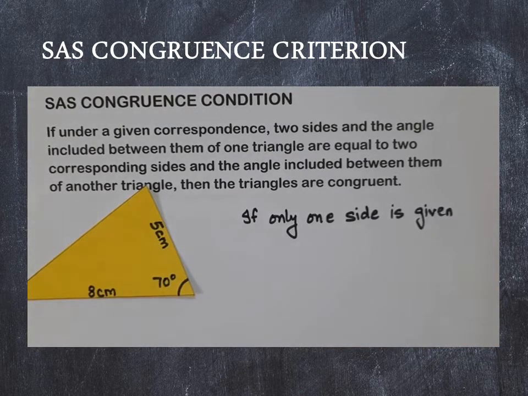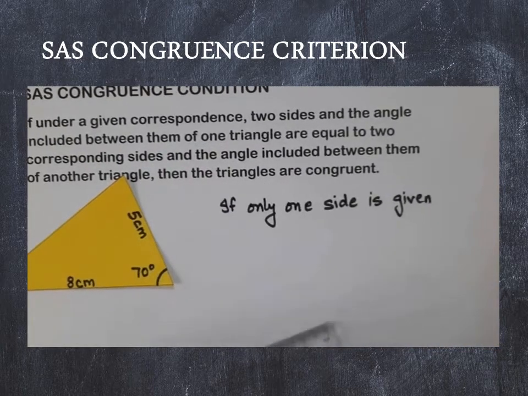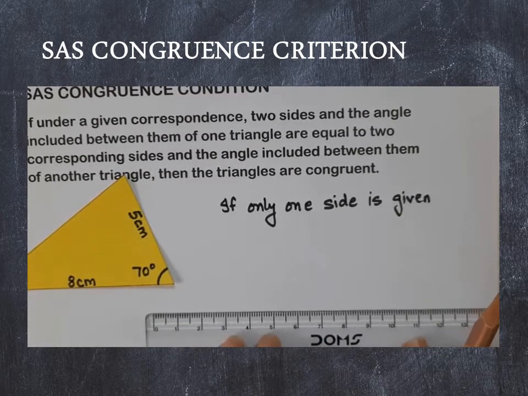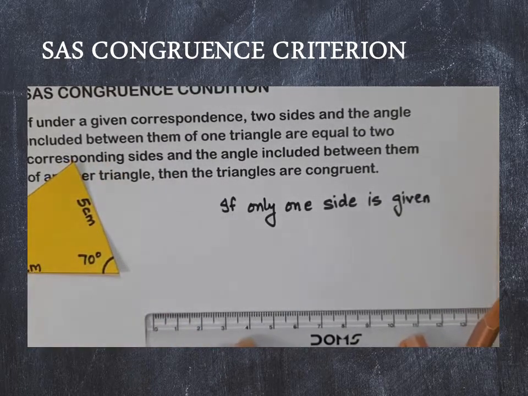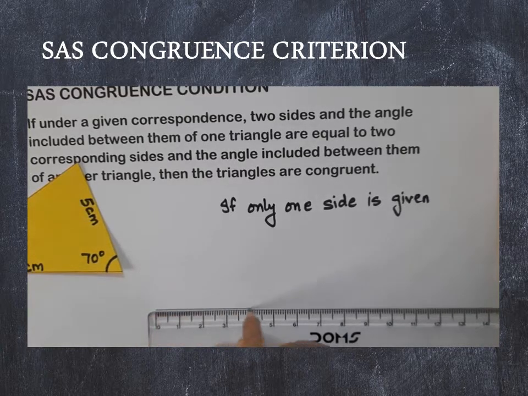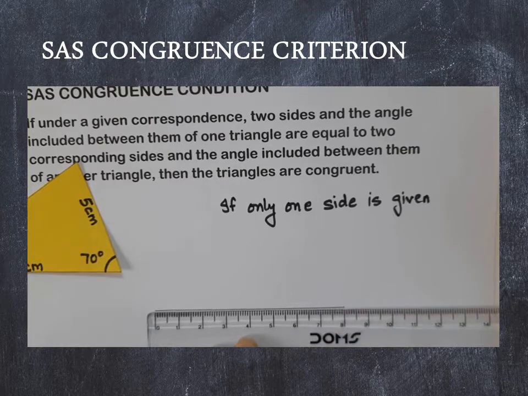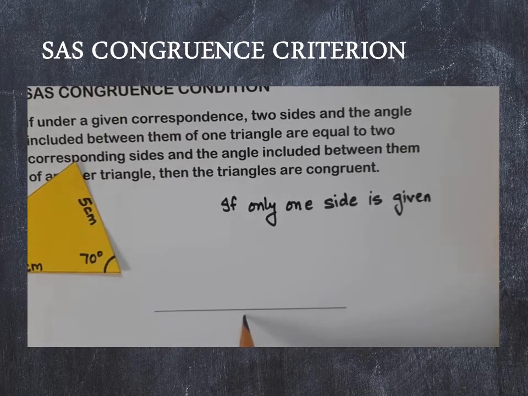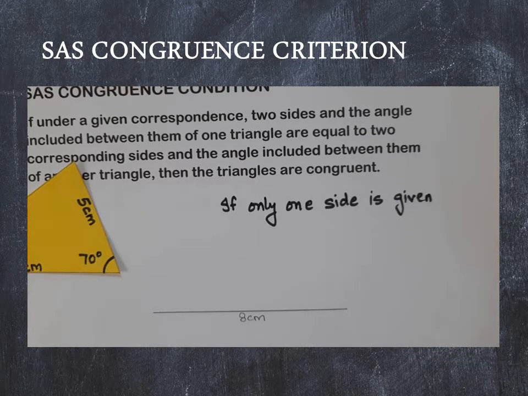Let's find out. So we have this 8 centimeter here. Now this is side 8 centimeter. No other measure is given to us. Can we construct a copy of this triangle?